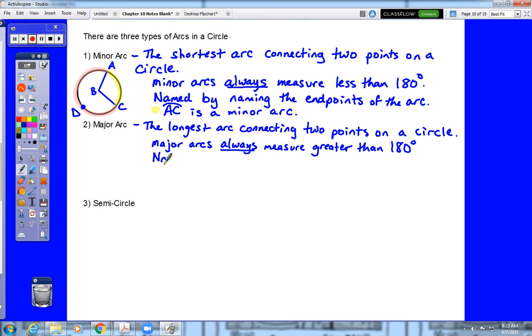And they are named by naming the endpoints and a third point on the arc.